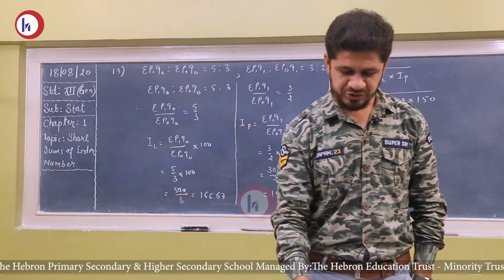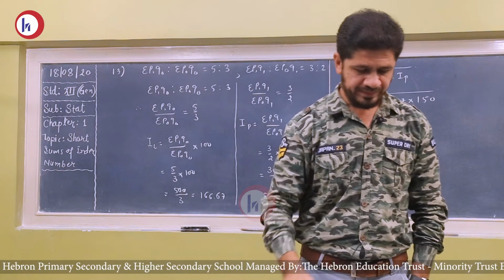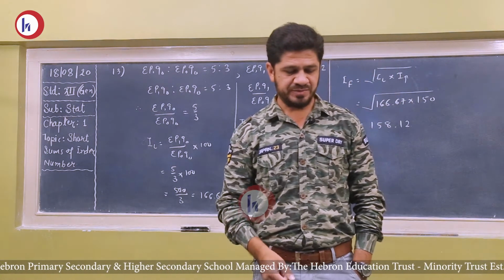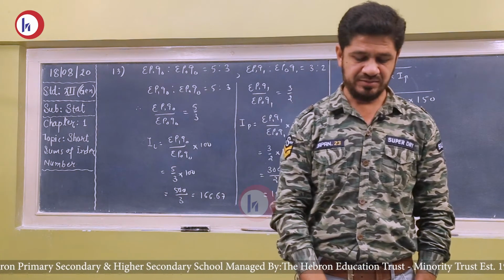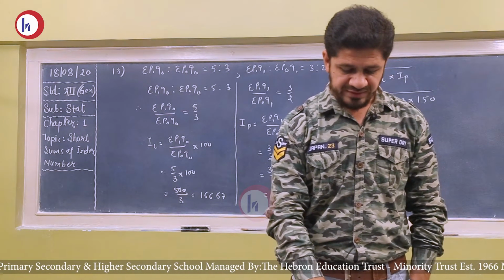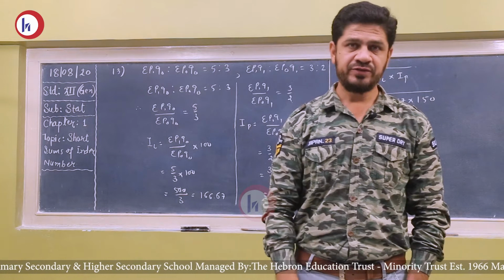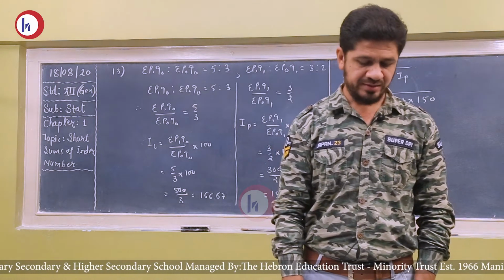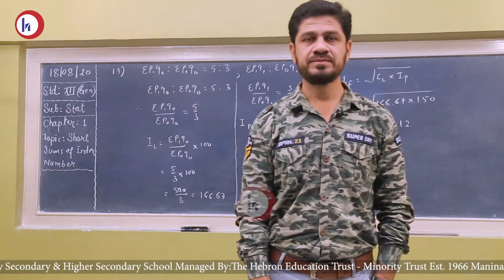Let's come to the next question, number 14. If the ratio of Laspeyres and Paasche's index numbers is 4:5 and Fisher's index number is 150, find Paasche's index number.